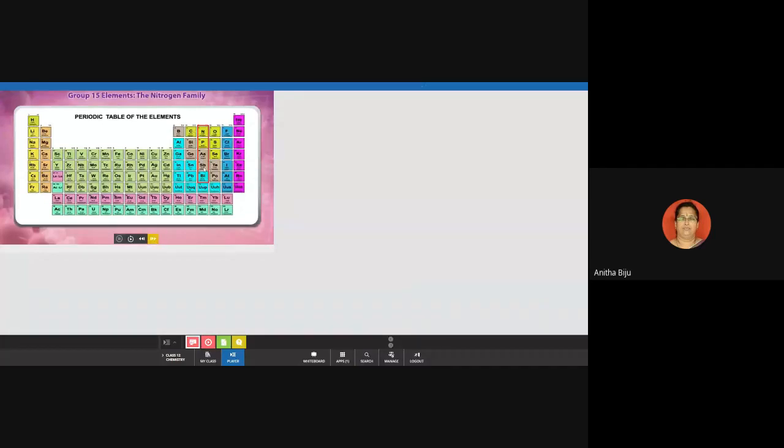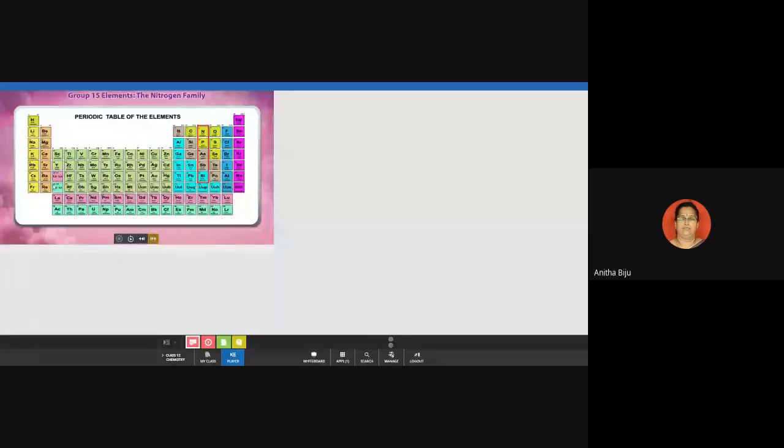After antimony, we have inner transition elements, meaning filling up of the f subshell. So the intervention of these two subshells is also coming there.